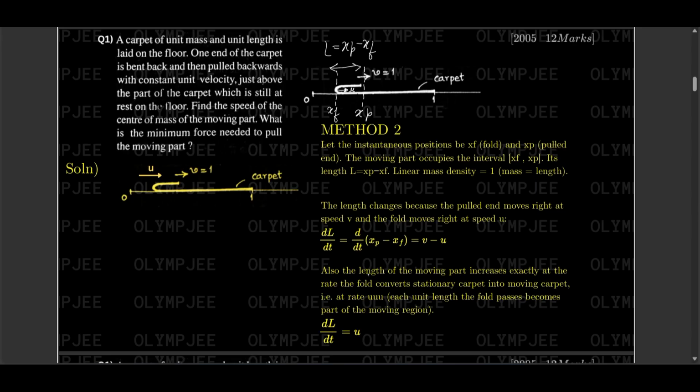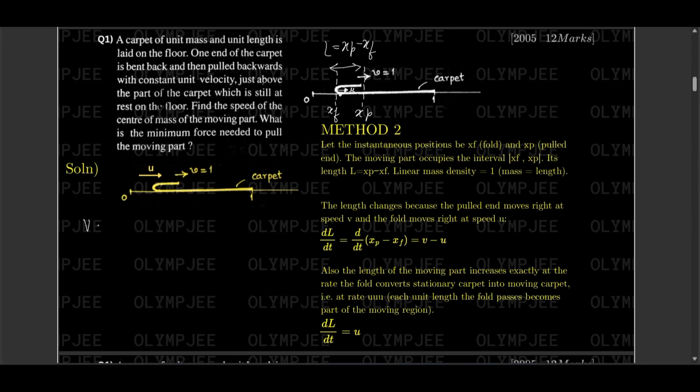Also, the length is increasing because some part of the rest length is moving into the moving part. This part is moving into the above part, and that is happening with velocity u, because this end is moving with u. So we can write dL by dt in two ways, and those two ways should be equal.